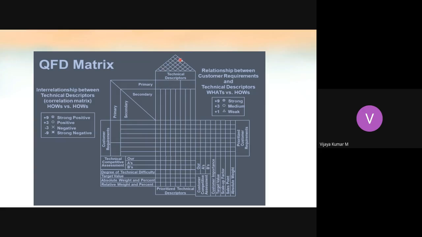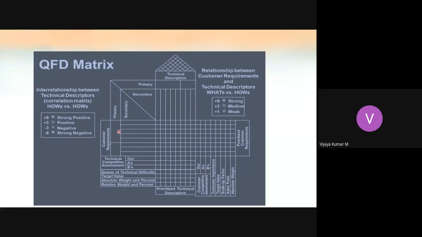These are the 8 columns we have generated in that way. Anyway, I will show you how to generate that, but in general, it will generate in this way. And then you have to be very careful about what scales we are defining for developing this house of quality. For example, the relationship between customer requirements and the technical descriptors. I said this is the relationship matrix, right? The third one.